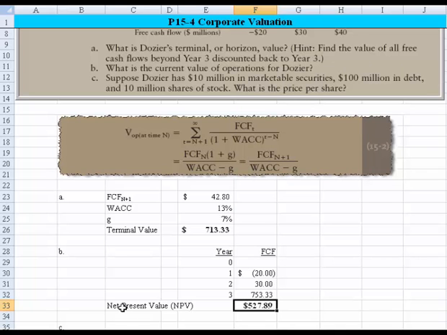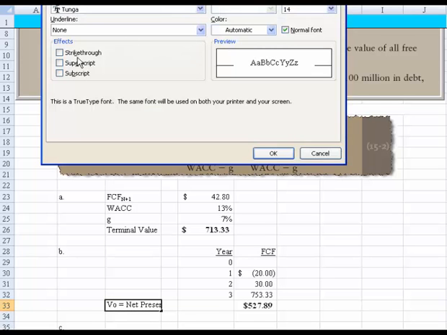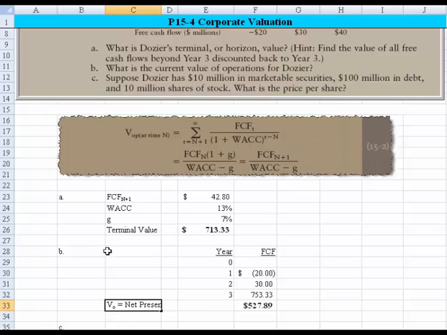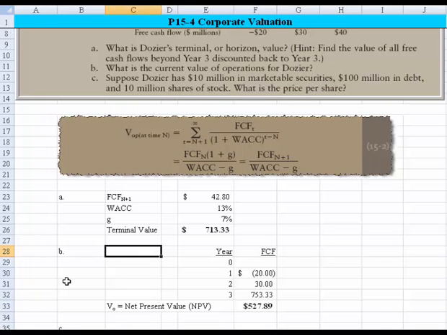So the value of the firm, or the value of the operation, is equal to net present value. Let me put that the way our text does to keep it consistent. So the value of operations for Part B is $527.89 million.